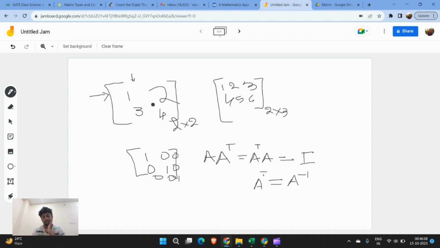Inverse of a matrix. See, they'll give you one matrix and ask you to find the inverse of it. If it is a 2 by 2, a straightforward formula is there: A inverse equals adjoint A by det A. That is the basic formula of A inverse.